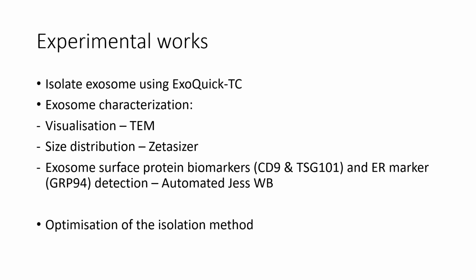Their size distribution was measured by dynamic light scattering or DLS system using Zetasizer nanoparticle instrument. The exosome surface biomarkers CD9 and TSG101, as well as endoplasmic reticular marker GRP94, were detected using automated Jess blot analysis. And finally, we did some optimization to the isolation method, and I'll show you the before and after results.